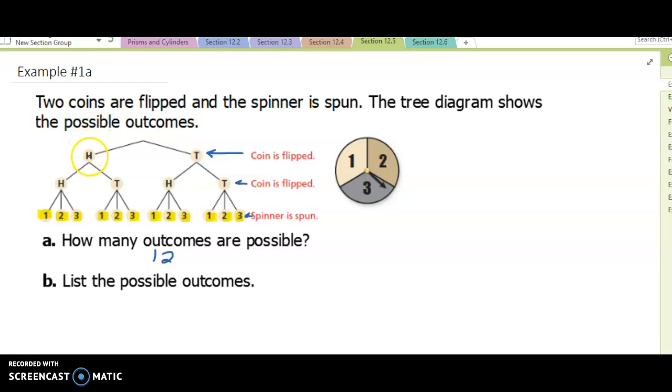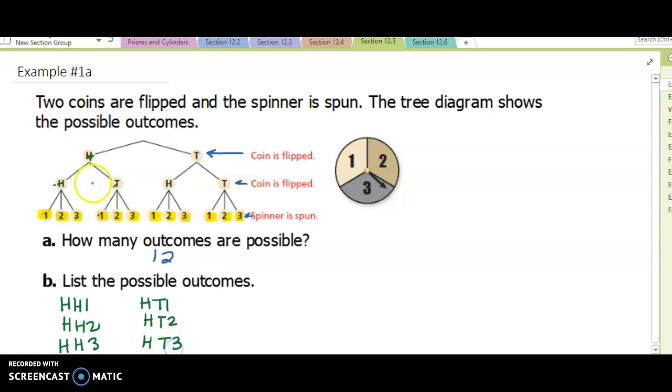We could have a heads, heads 1, or heads, heads 2, or heads, heads 3. Or we could have heads, tails 1, heads, tails 2, and heads, tails 3.